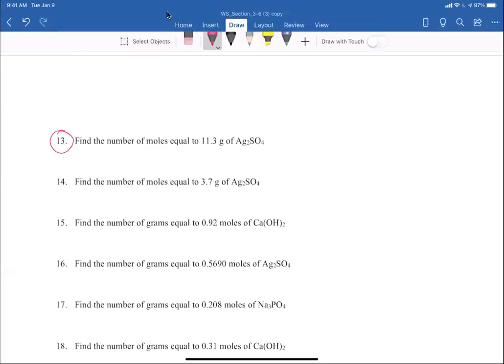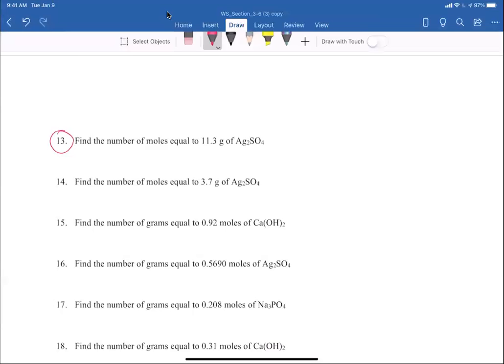Okay, guys, let's look at this one. Find the number of moles equal to 11.3 grams of Ag2SO4. So where are we finishing here? Anybody know?